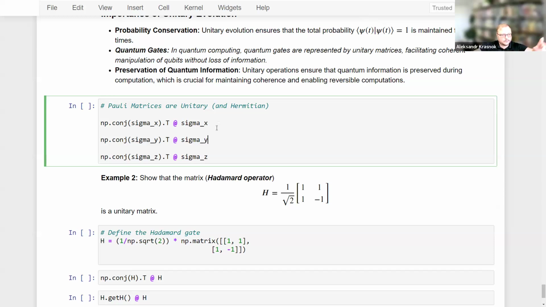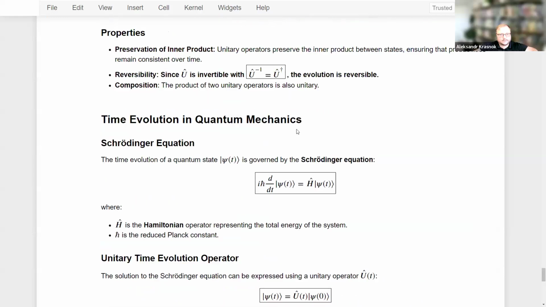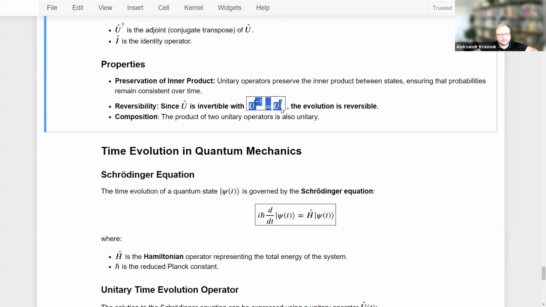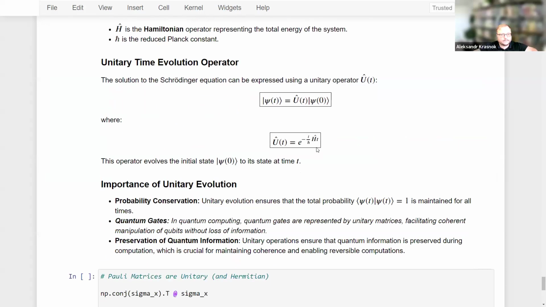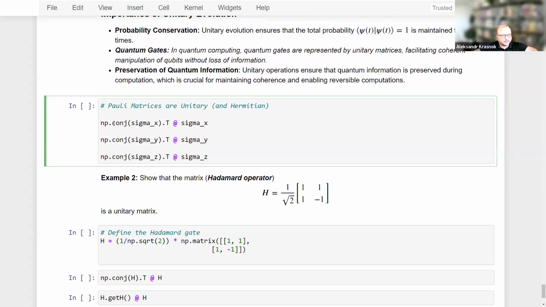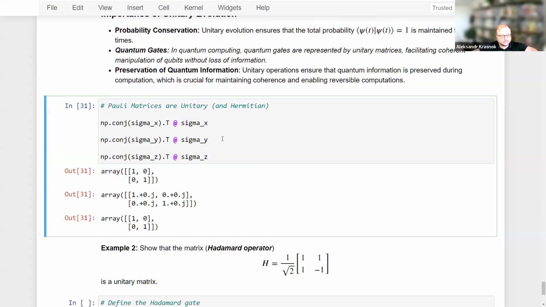We can check this fact by testing this: you can take the dagger and multiply by the matrix and check if the result is the identity matrix, right? So the conjugate transpose times the matrix itself gives you the identity matrix. The same you can check with numpy.